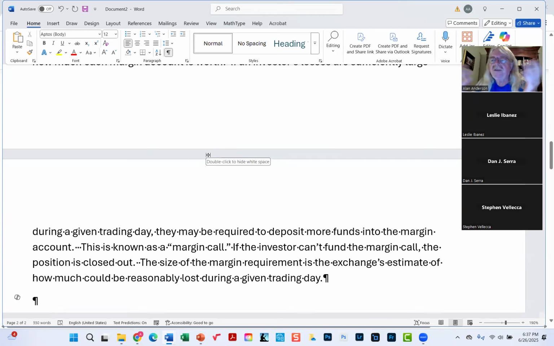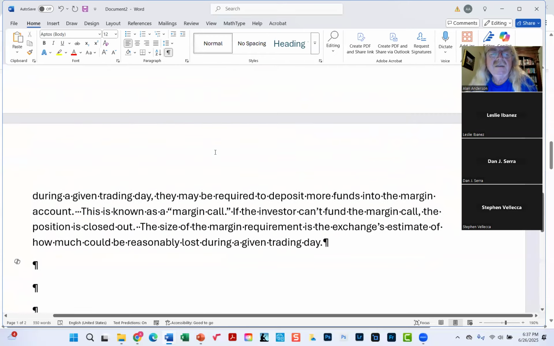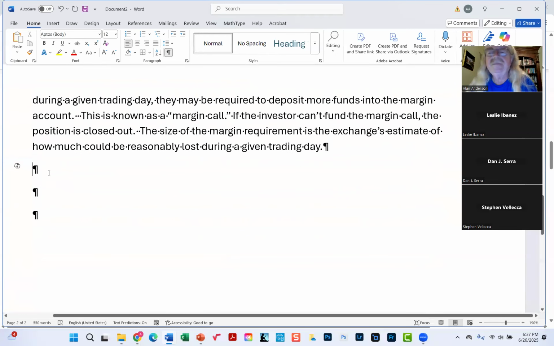And so the exchange closed him down, and that's when it came to light how much money he'd really lost. He'd been essentially lying to his employers all that time because they foolishly put him in charge of both trading and reporting. A bad combination. So that's one of the really big differences between futures and forwards: that margin requirement.